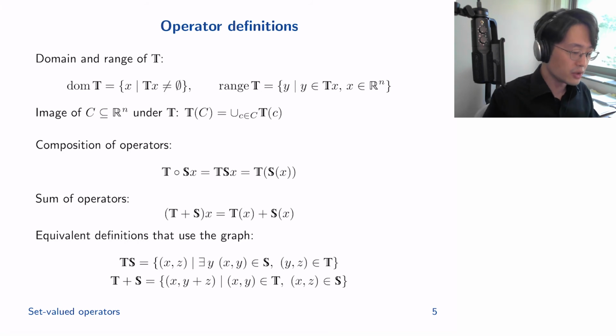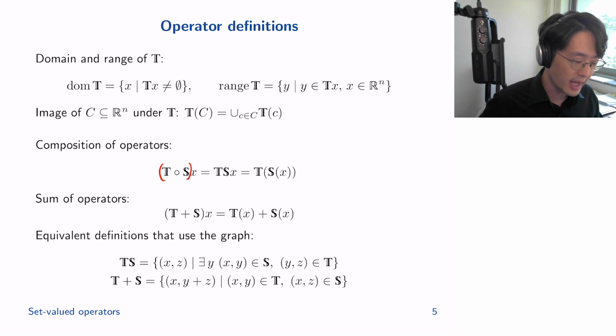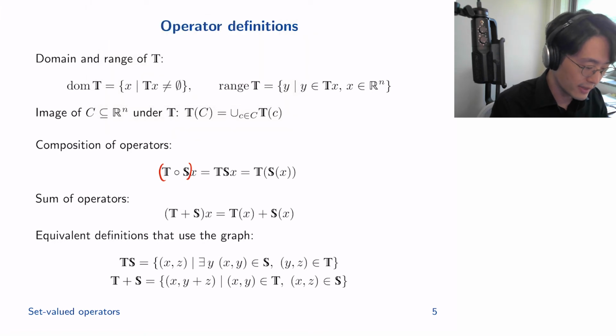We also define the notion of the composition of multi-valued set-valued operators. So here, perhaps it would be more precise to put parentheses here. So T compose S evaluated at x is defined as T evaluated at Sx.